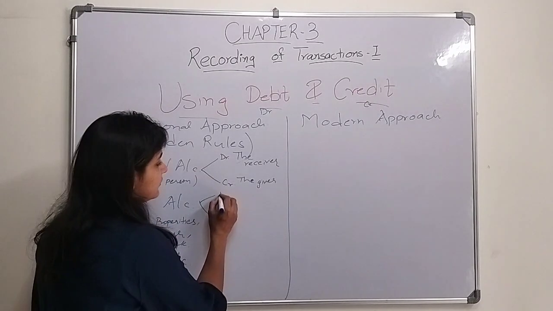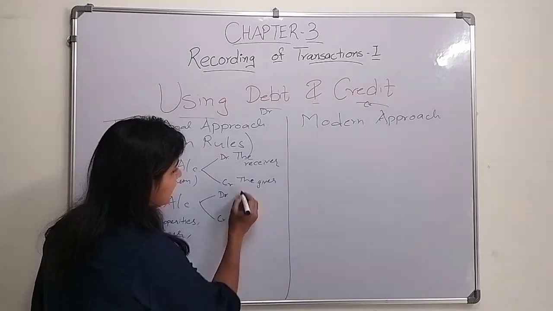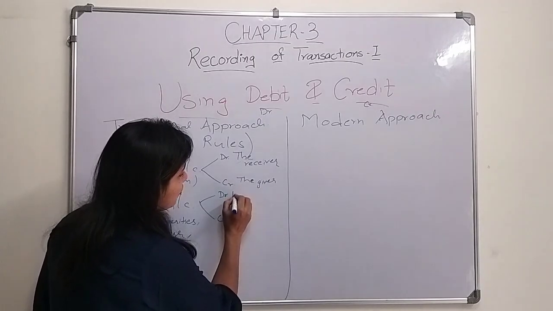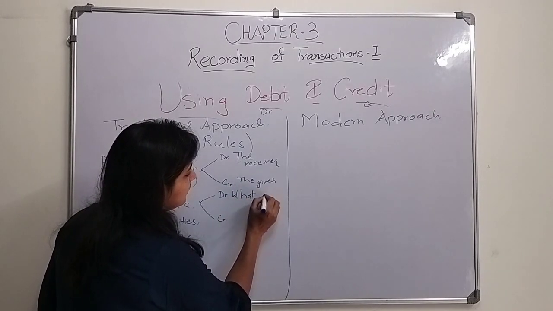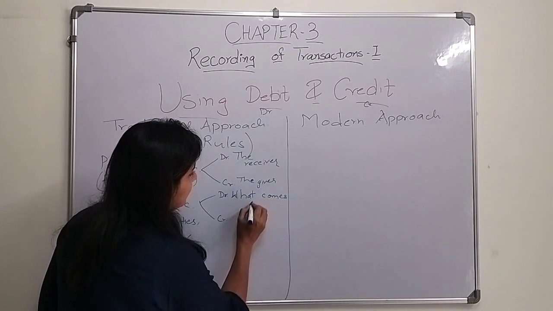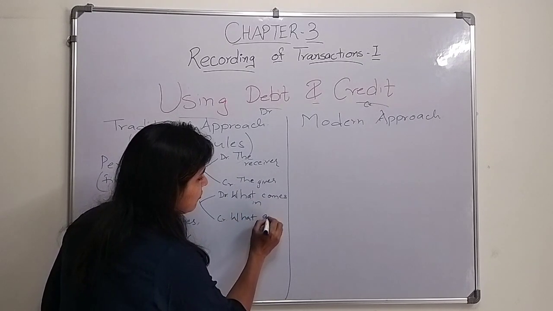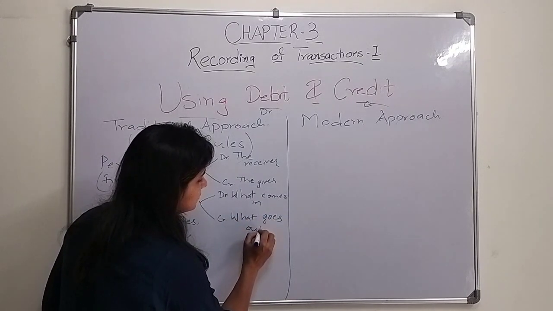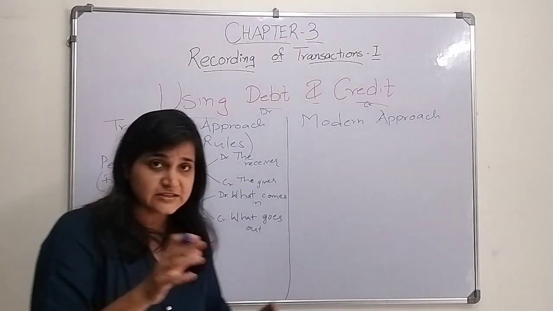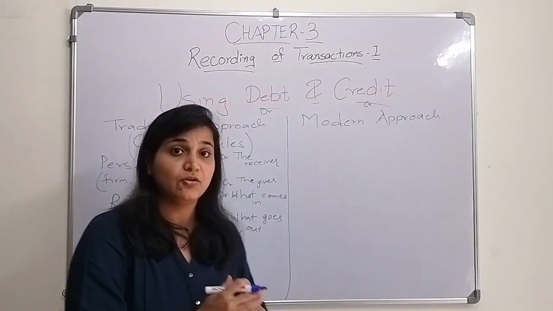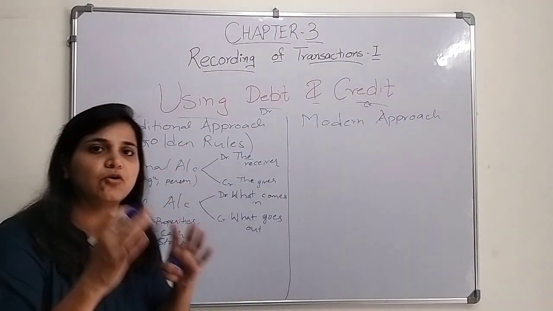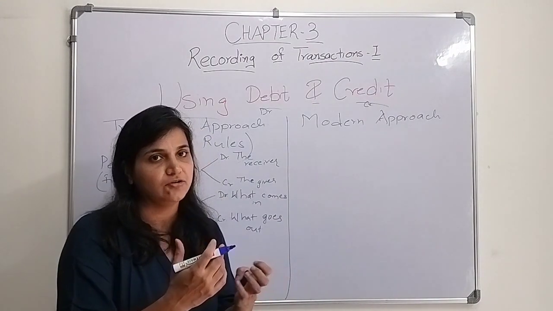And what are the rules of real account? Debit what comes in, and credit what goes out. I am going to use both these personal account and real account rules with the previous example.